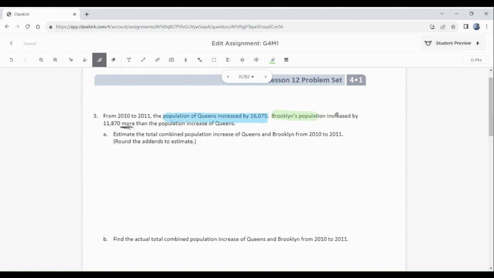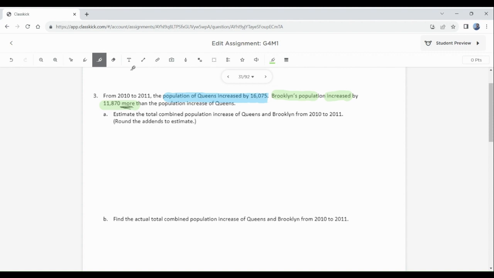Brooklyn's population increased by 11,870 more than the population increase of Queens. Letter A says estimate the total combined population increase of Queens and Brooklyn from 2010 to 2011. So we have Queens, and Queens's population increased by 16,075.